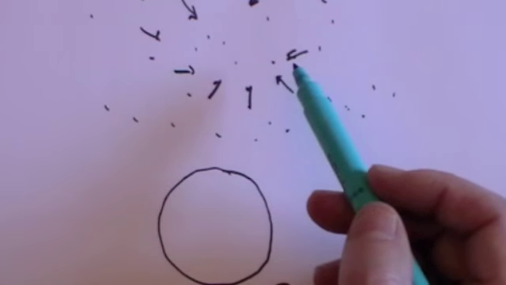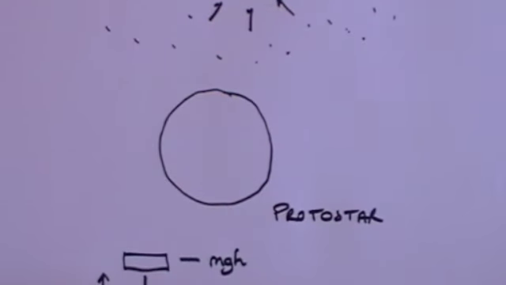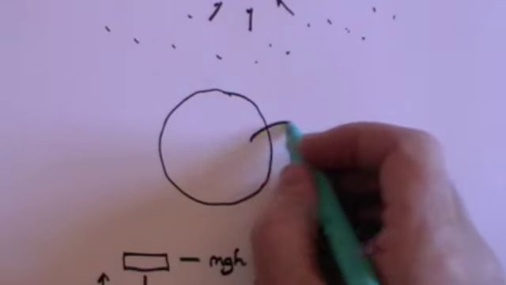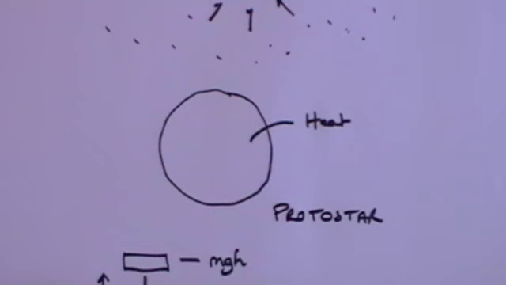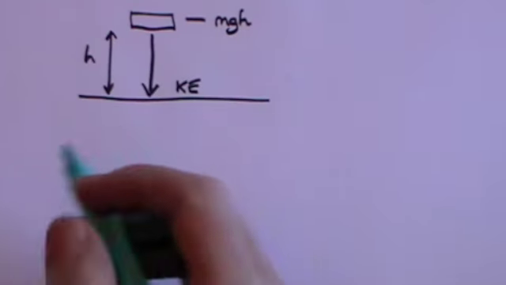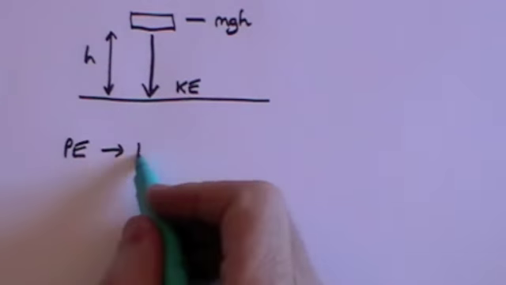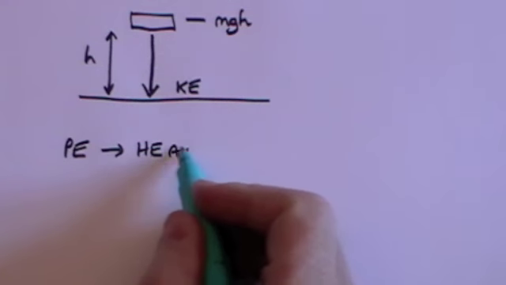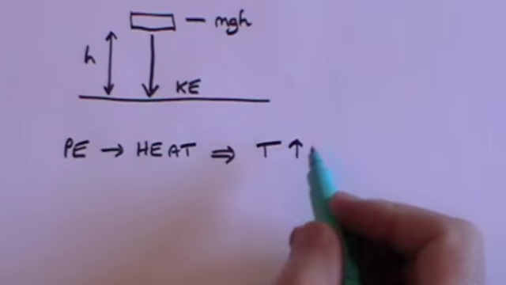As the hydrogen atoms are falling in, they are losing gravitational potential energy, but that energy is now being converted into heat. So consequently, this protostar is getting hotter. So, gravitational potential energy is converted into heat, and that, of course, will mean that the temperature will rise.